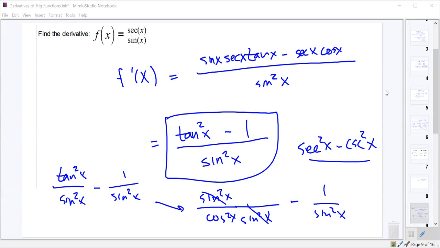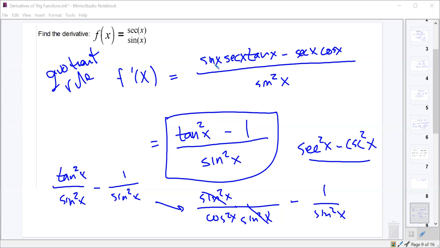So I got a question sent to me in the chat privately. So you're going from here to here, going from just the original f of x to f prime of x. Yeah, so that's using our quotient rule, from what we learned yesterday, I think. And so that's v, our denominator is sine x.